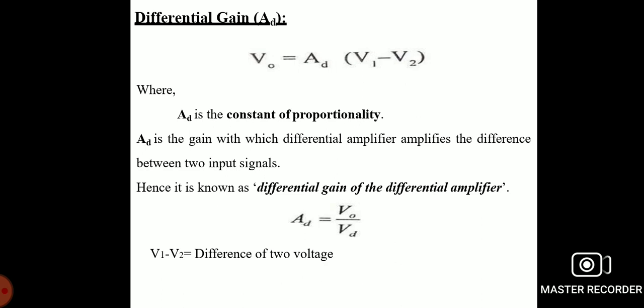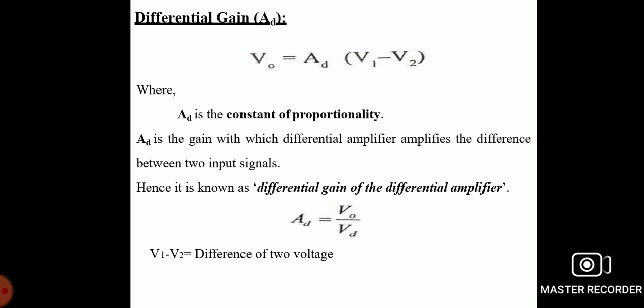AD is the gain with which the differential amplifier amplifies the difference between the two input signals. Hence it is known as the differential gain of the differential amplifier. AD is equal to the output voltage divided by the differential voltage, which is the difference of the two input voltages.